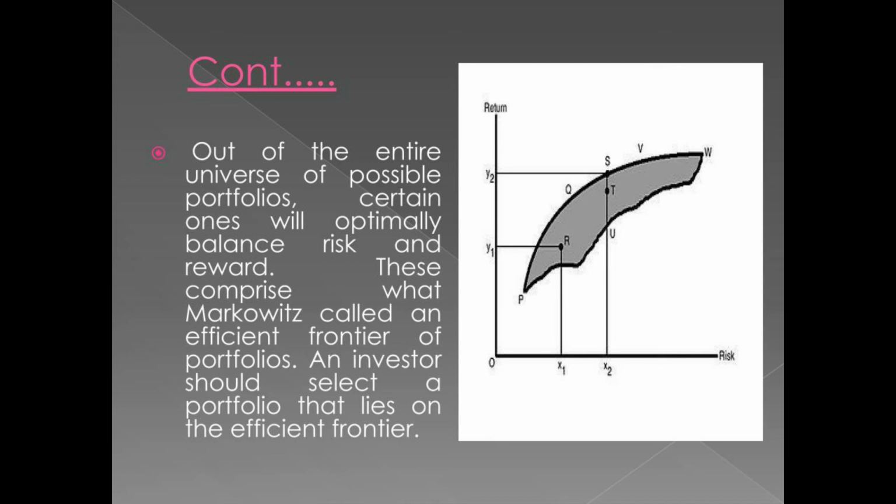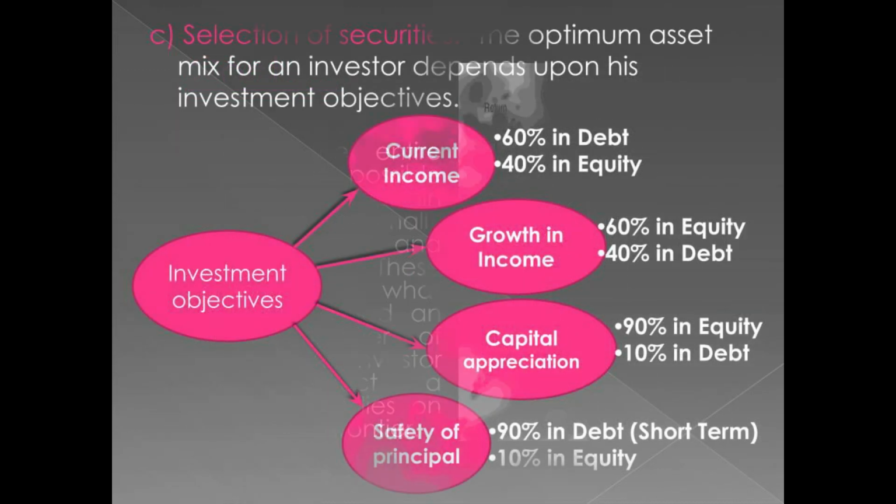In this diagram, P, W is the efficient frontier. If the investor takes securities on the efficient frontier, then he enjoys the returns. If he takes securities below the efficient frontier, that means there is less return as compared to the efficient frontier. So with the help of this diagram, the Markowitz model explains decision making under securities.